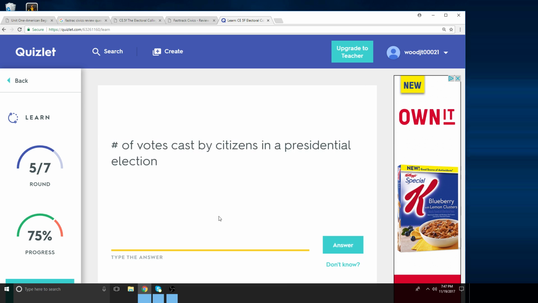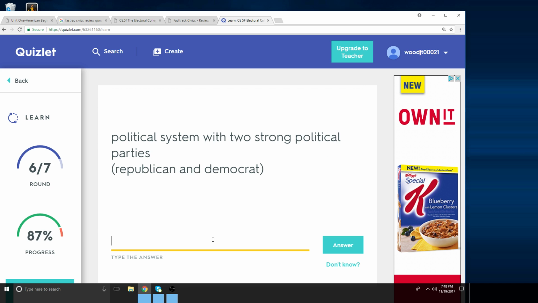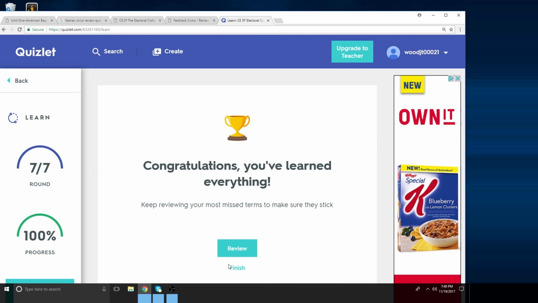Again, I was right. That's going to be the popular vote. And our 2-party system. So, I'm going to work on my spelling. Yay! I got a gold trophy.